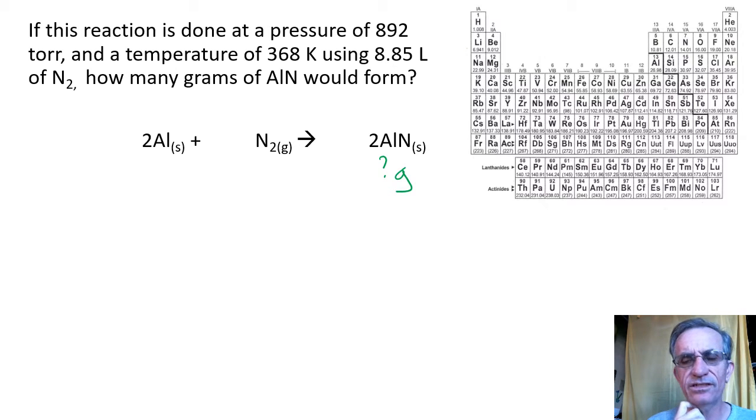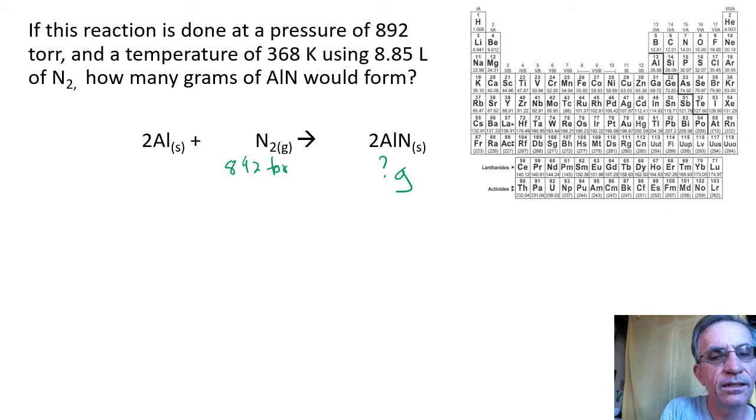I'm going to go ahead and put all those numbers with the nitrogen because they have to do with the gas. So this reaction is done at a pressure of 892 torr. That's probably got to do with nitrogen.